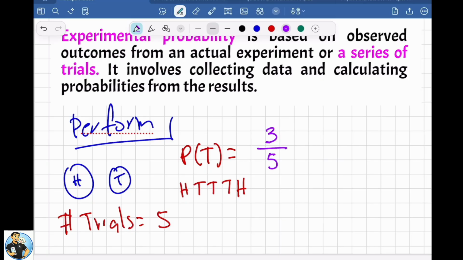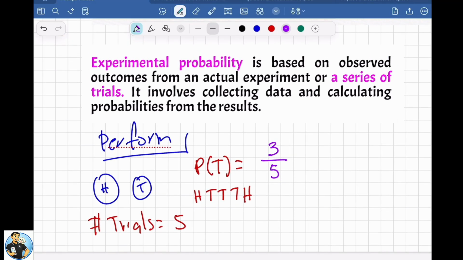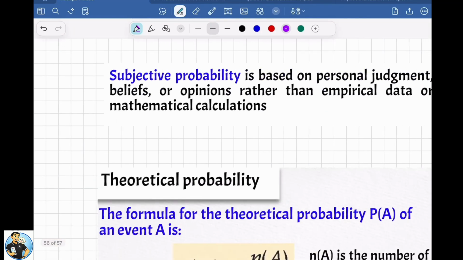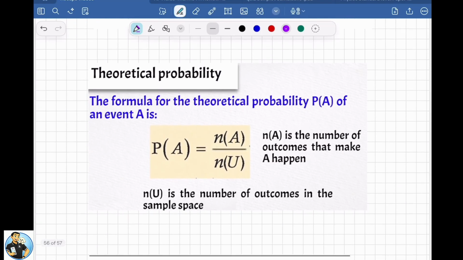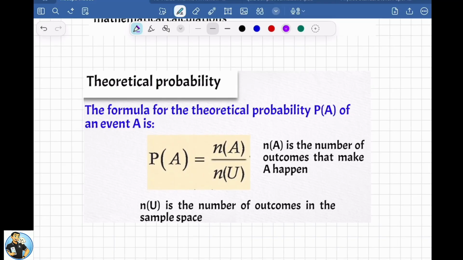As you can see, it's something different when we use theoretical and when we have experimental probability. So what is theoretical? Theoretical, first, is when we do not perform the experiment because we know the probabilities of each outcome beforehand. Okay, so first we have a formula.